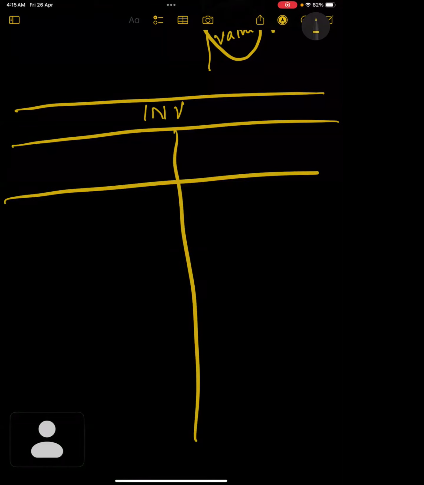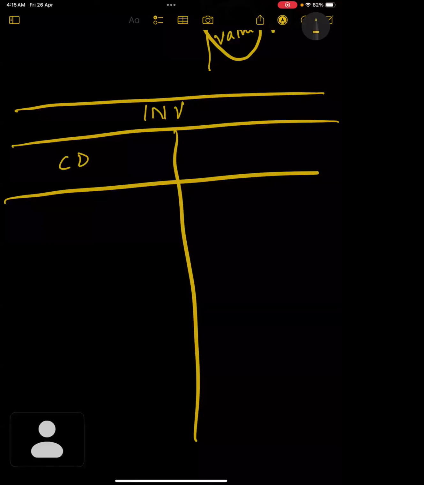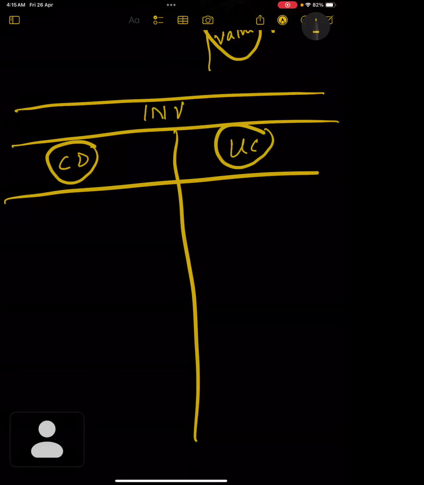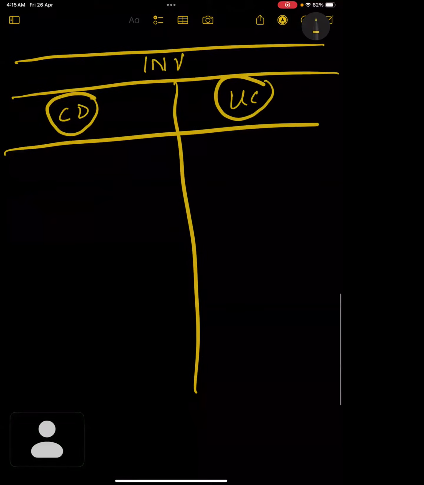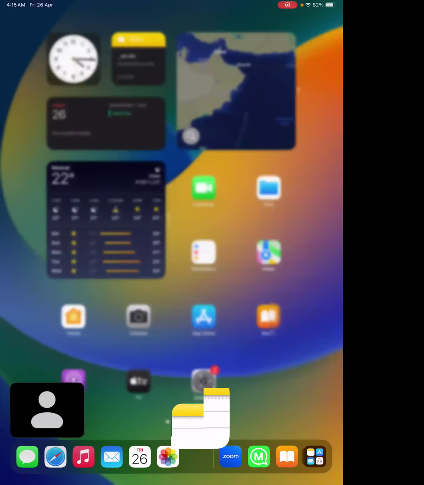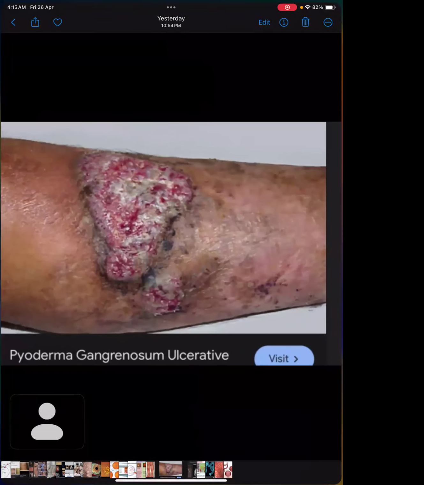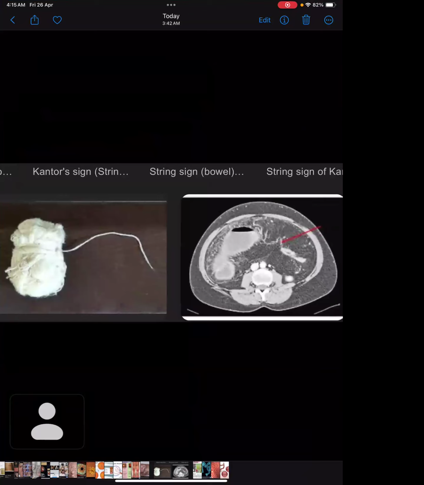This is our CD, this is our UC. From first to last, the left side is for my Crohn's disease, the right side is my ulcerative colitis. I hope you are understanding that. Okay, if you are doing a small bowel enema here, what will you get? Let me show you the picture so you will remember. Can you see, this is the string.